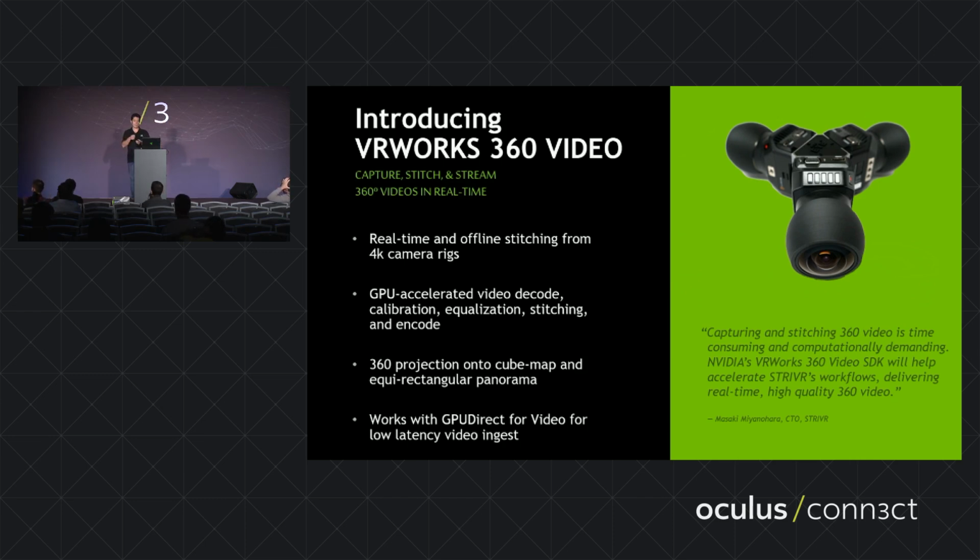All the phases in that middle area, from calibration to equalization to stitching to encode and decode, are GPU accelerated, so it's very fast and high quality. It then outputs a resulting panoramic output in either equirectangular or cube map projection, whatever the viewer application needs.